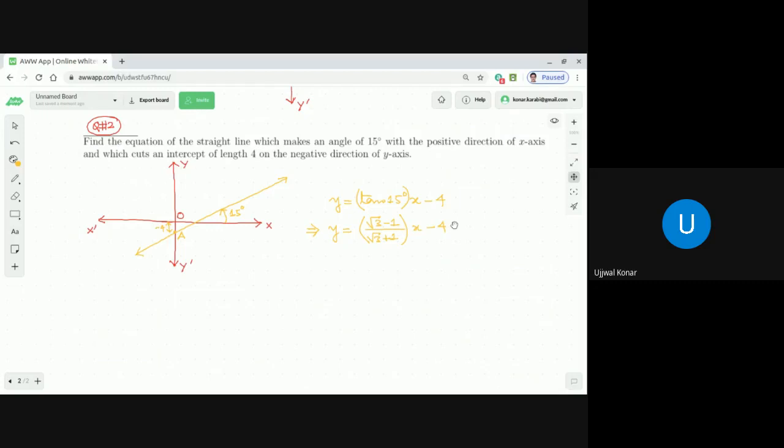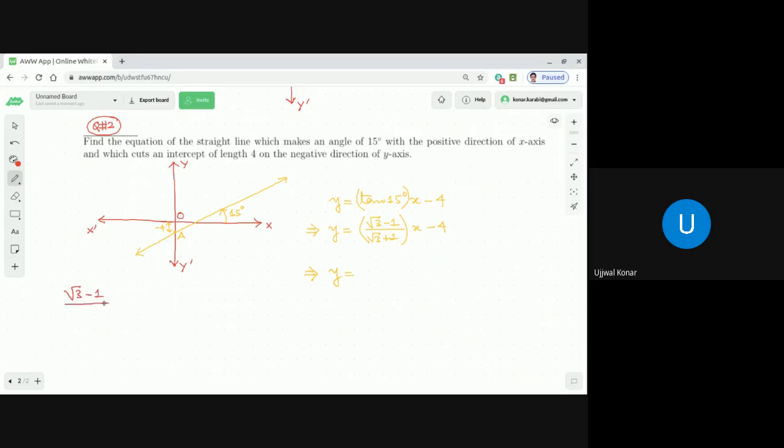And √3 minus 1 by √3 plus 1, you can simplify further by rationalizing the denominator. Let us do that calculation here.